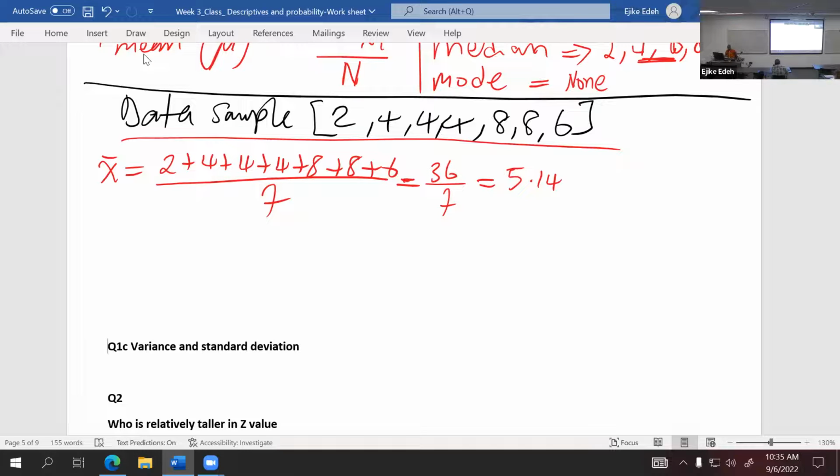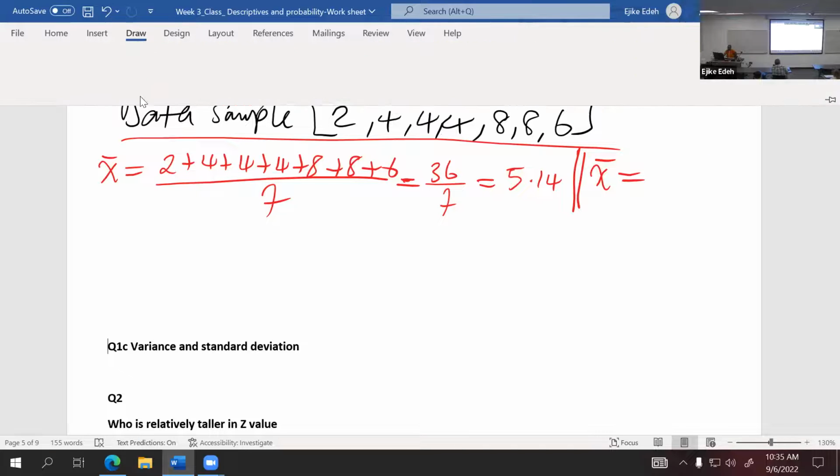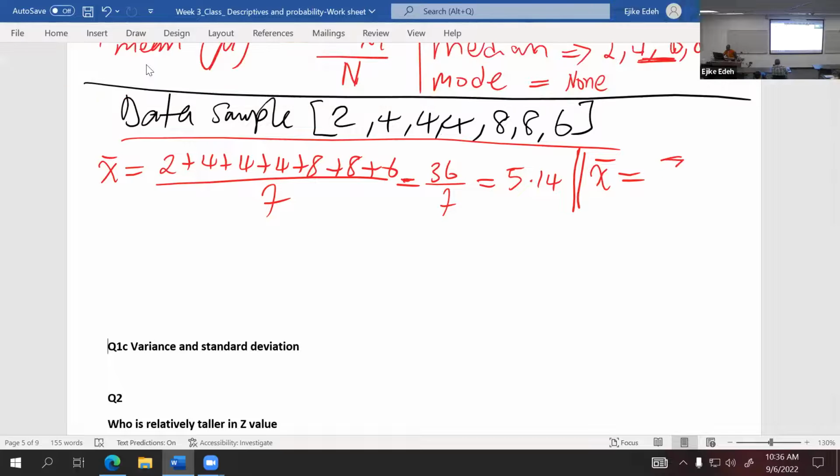Okay, so let's take this to B. What if I rearrange? This is what we have done, and the formula here, as before, is the sum of your data divided by how many they are. I could rearrange this slightly to get a different formula. So what if I do a frequency table?